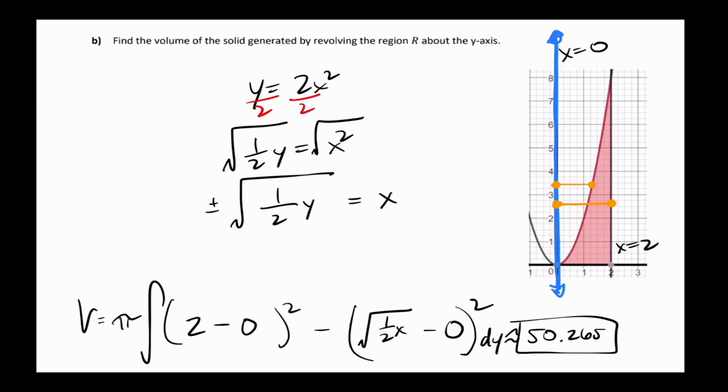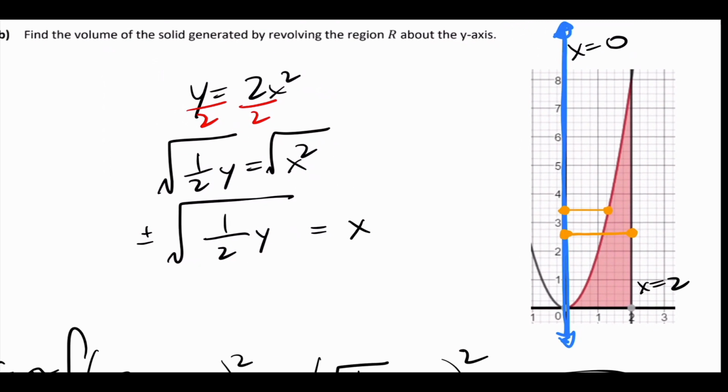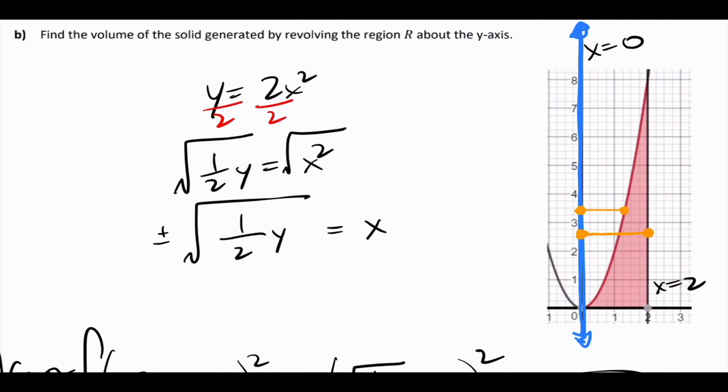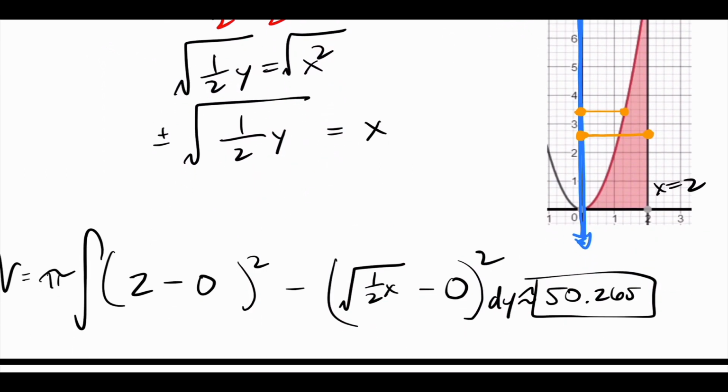Okay. Letter B is a revolution going the other way. The axis is the y-axis. So we draw, extend it. R is the longer segment in orange, and little r is the shorter segment in orange. Big R is 2 minus 0 because it extends from x equals 2 to x equals 0.